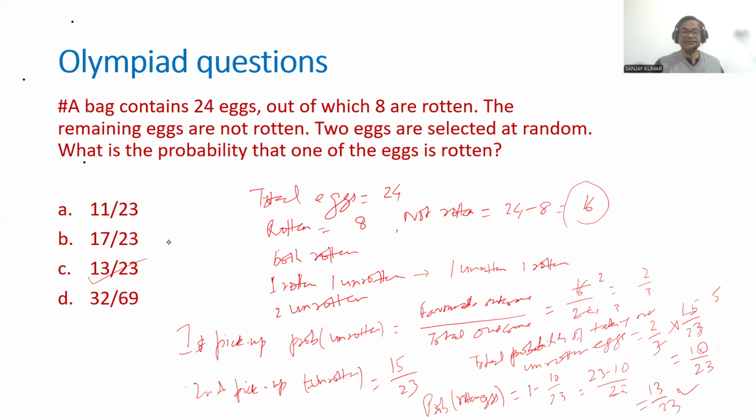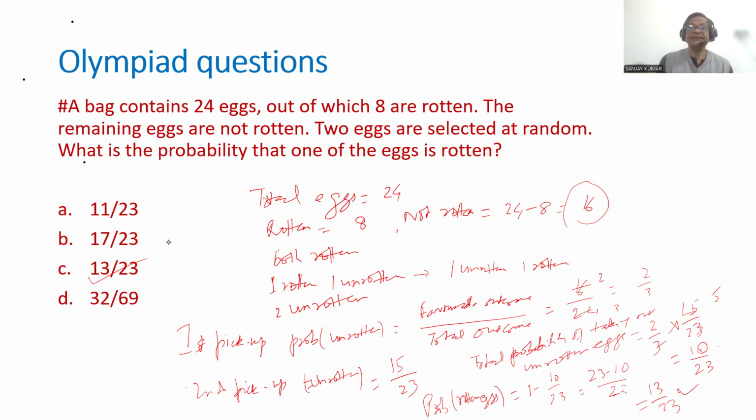So in this also what happened? You have to utilize your skill. If you have practiced this kind of questions, you can answer it. See, directly what happens after seeing the problem, you are going to find out the rotten eggs. But here I have given you the trick: you go to unrotten. You find the probability of getting unrotten eggs picked up both the times, and deduct it from 1, and you will get the probability of at least one rotten egg.